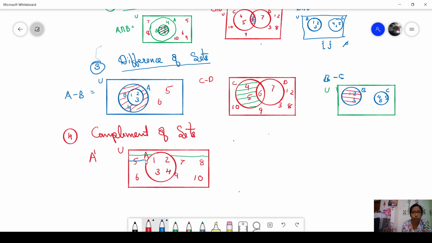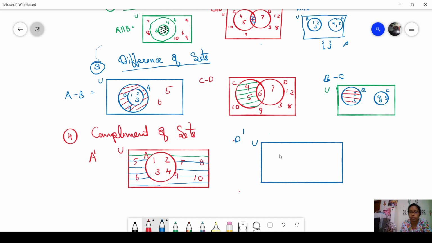Now, so the shaded portion shows complement of A. Now we will do D complement. So first same thing.